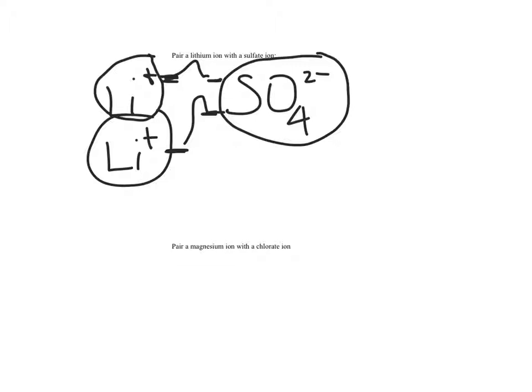So the formula to pair a lithium ion and a sulfate ion is Li2SO4. Now how do we name this? Just like before, we have an ionic compound with a non-transition metal, so we're just going to name it lithium. No Roman numeral needed because it's not a transition metal.